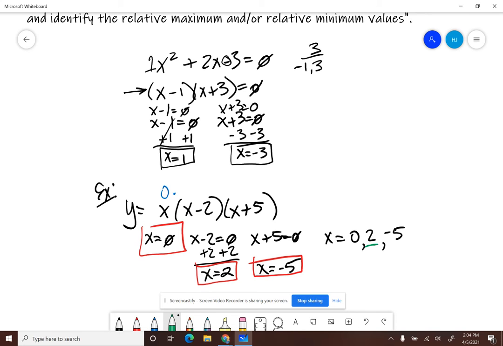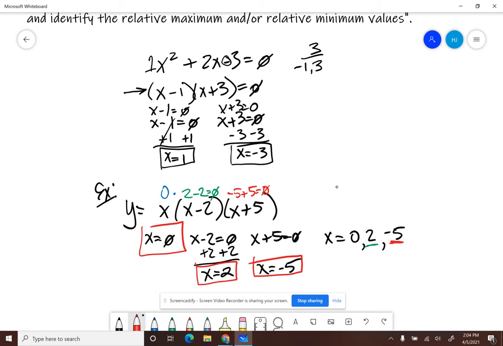Conversely, if I take this 2 right here, and I put it in right here, I'm going to get 2 minus 2, which equals, you guessed it, 0. And if I take 0 times any of these other two things, guess what? It's still going to be 0. And likewise, last but certainly not least, if I take this negative 5 and I put it in right here, negative 5 plus 5, I'm going to get, yes, once again, 0.